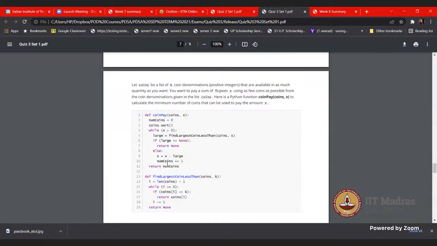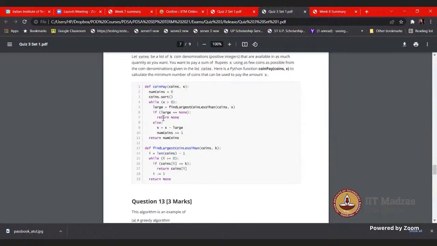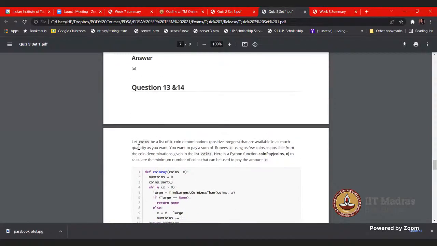So this is actually the greedy problem. What is the problem? Let coins be a list of k coins of positive integers that are available in as much quantity as you want. You want to pay a sum of rupees X using as few coins as possible from the coin denominations given in the list coins.